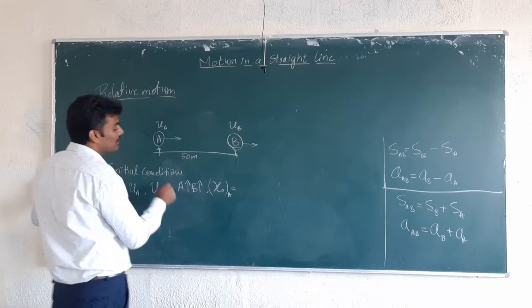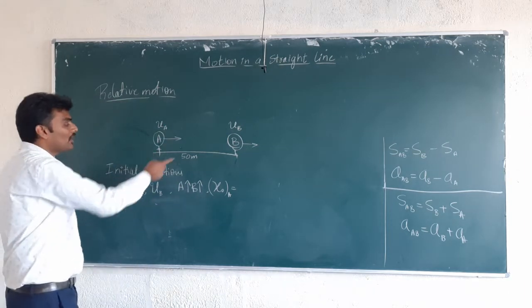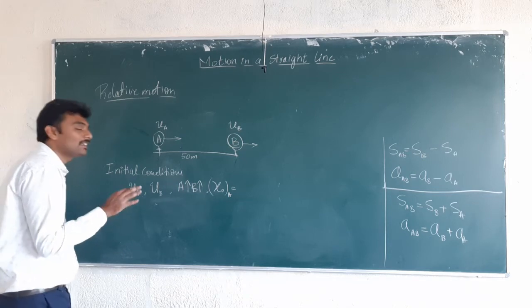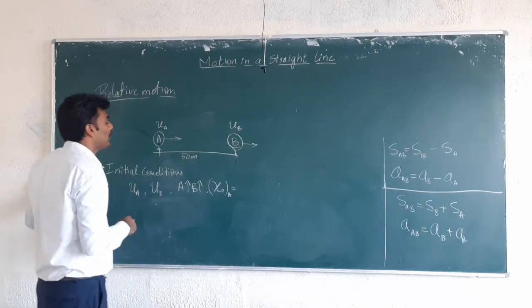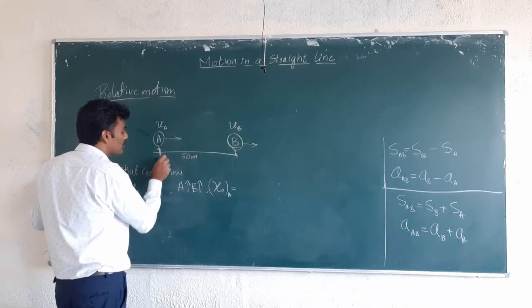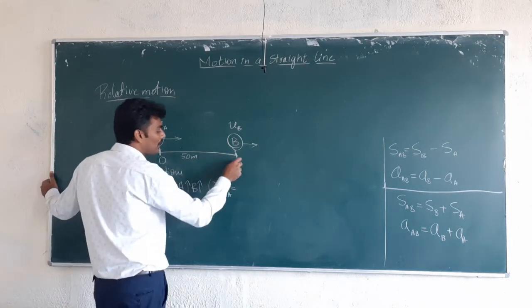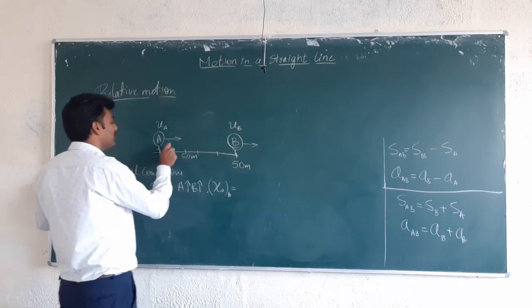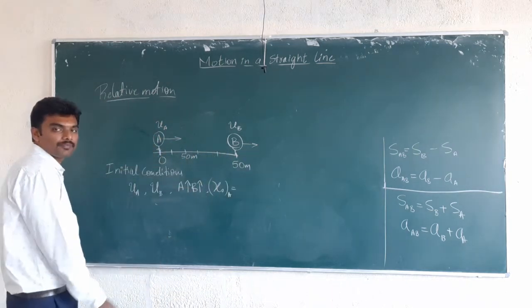Okay, initially body A has not traveled any distance. Which means, see, here it is about the position approach. This is the point where we can set the 0 coordinate, and this is the point, and hence this would be the 50 meter mark from this 0.